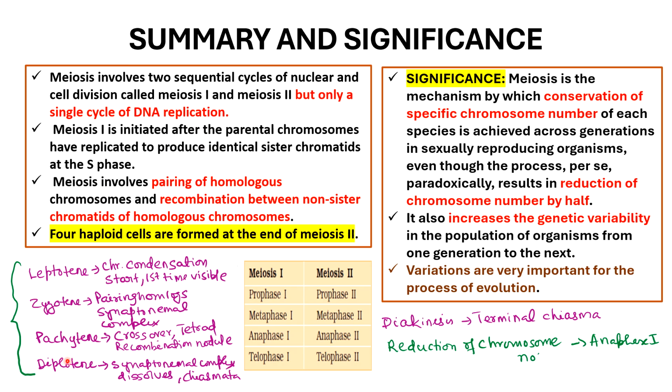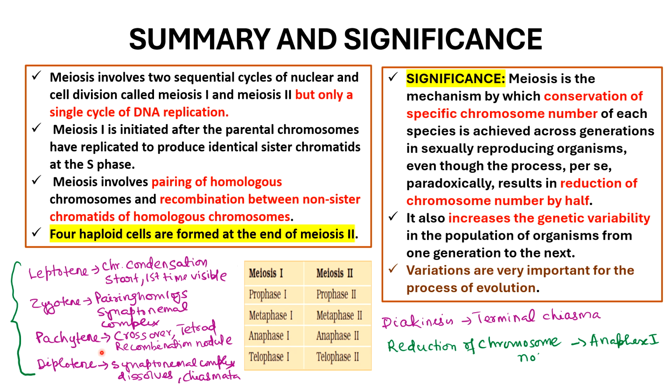Very, very important concept. Just pay attention to what is asked in the question. Is it asked in which stage tetrad formation starts, or in which stage tetrads are observed? If it is asked in which stage tetrads are observed, the answer would be pachytene. But if it is asked at which stage tetrad formation starts, the answer would be zygotene.